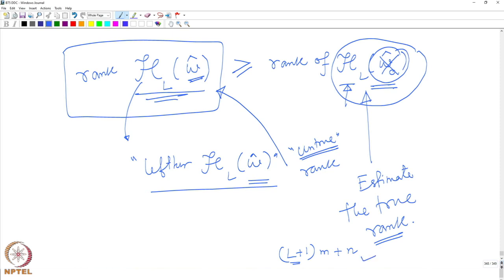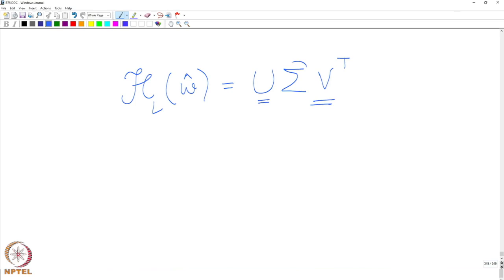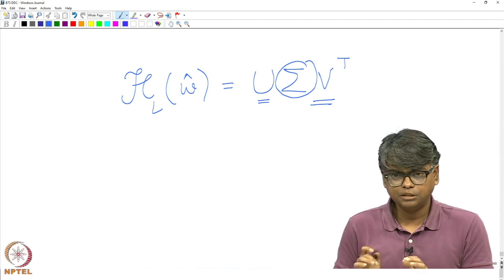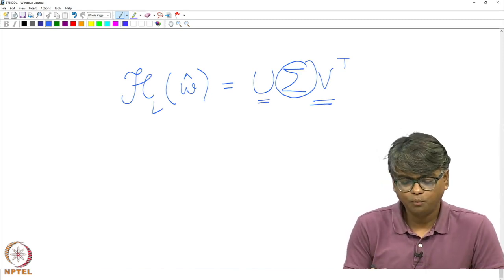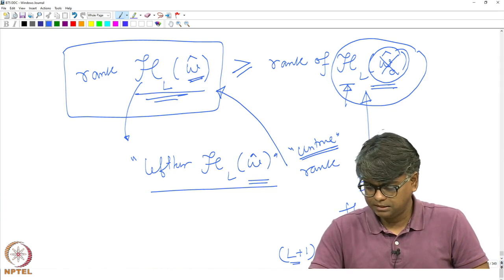So we have this noisy W hat, and once again we do the SVD of HL like before, but instead of finding out the rank by looking at the non-zero singular values from this matrix sigma, instead of finding out the left kernel like that, we look at the estimated true rank.